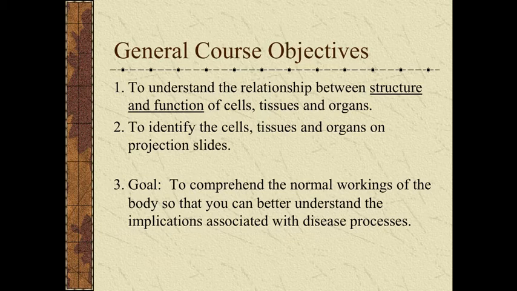But the general course objectives are to better understand the relationship between structure and function, in essence, anatomy and physiology, of cells, tissues, and organs, and then to be able to apply this information and identify the cells, tissues, and organs on either projection slides or, in the case of this course, digital images, with the overall goal of better understanding the normal workings of the body so that you can understand the implications associated with disease processes.